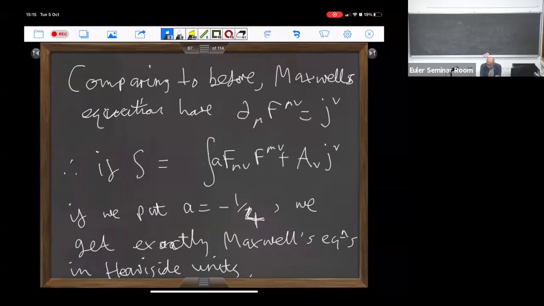So the way we do that is by adding to the Lagrangian A_ν J^ν, and then that term, which was 0 on the left-hand side before, becomes equal to J^ν. And with that modification, we need to put a equal to -1/4 in order to reproduce Maxwell's equations in Heaviside units.